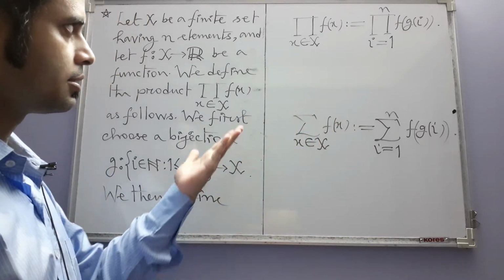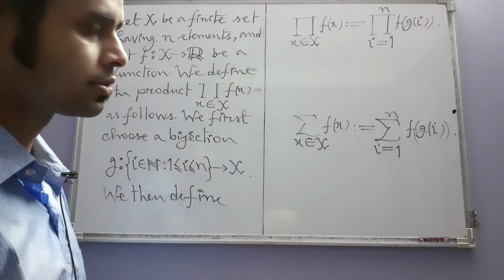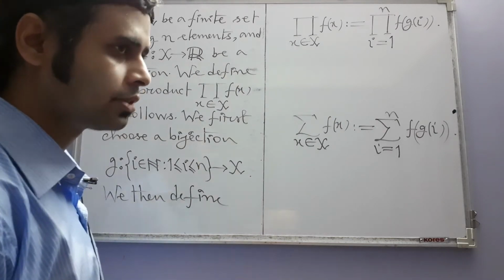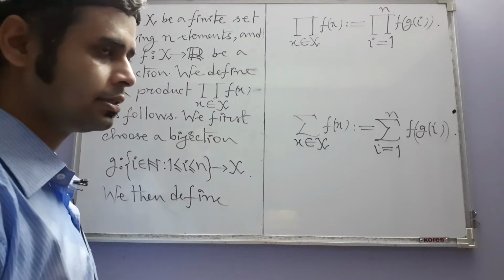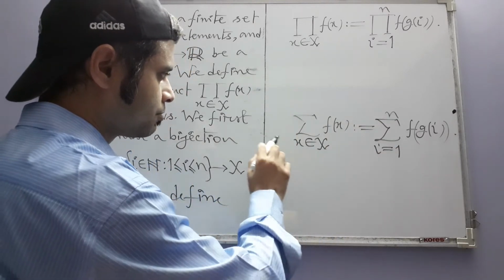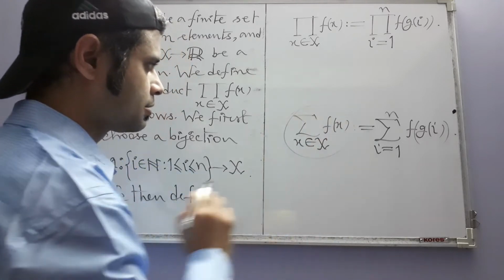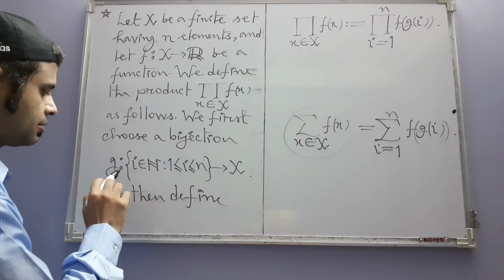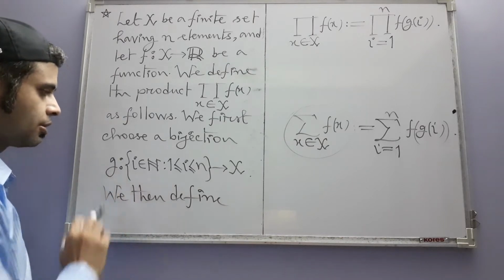A similar result is there for products, which however we are neither going to state nor going to prove, because it is exactly similar to the result which proves that sums over finite sets are well defined, and that means they do not depend on the specific choice of this G.